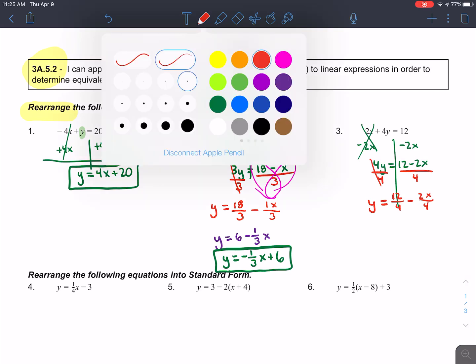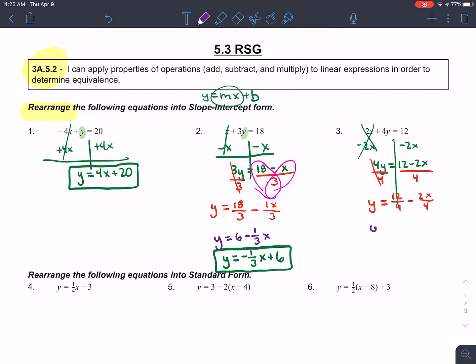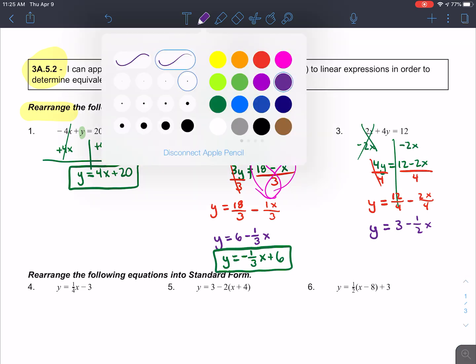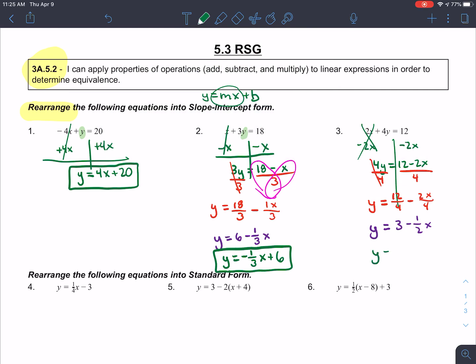Well, I'm almost done. Once again, simplify. So what is that? 3 minus 1/2 x. But once again, I would like to put it into slope-intercept form so that x piece should come before. And there are my 3 answers for rearranging into slope-intercept form, okay?